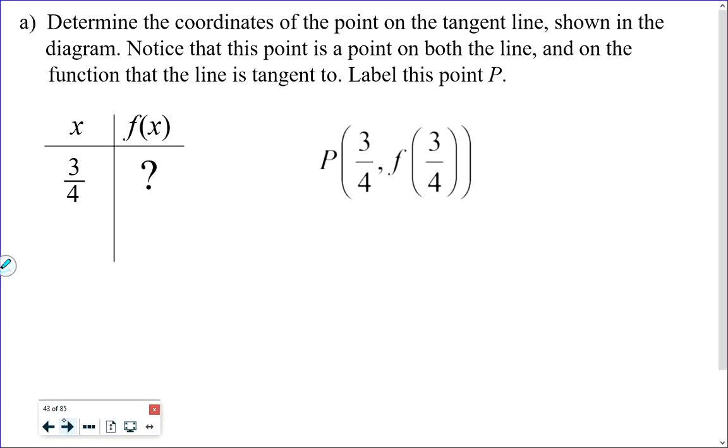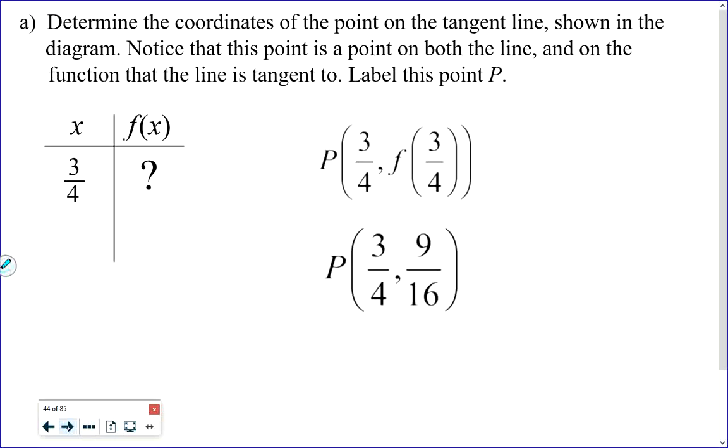And the equation of the function is f of x equals x squared. So all we have to do is put 3/4 in for x into y equals x squared. I'm not even writing this. And when we square 3/4, we get 9/16. So we have those coordinates. That's the ordered pair of that point, which is on the tangent line. Now, we use the fact that it's on the function to find the coordinates, but it's on the tangent line.